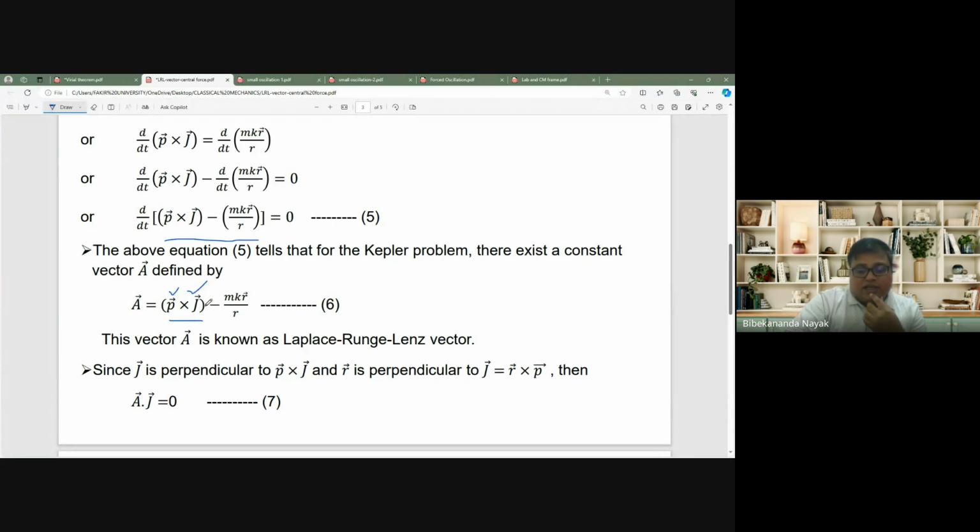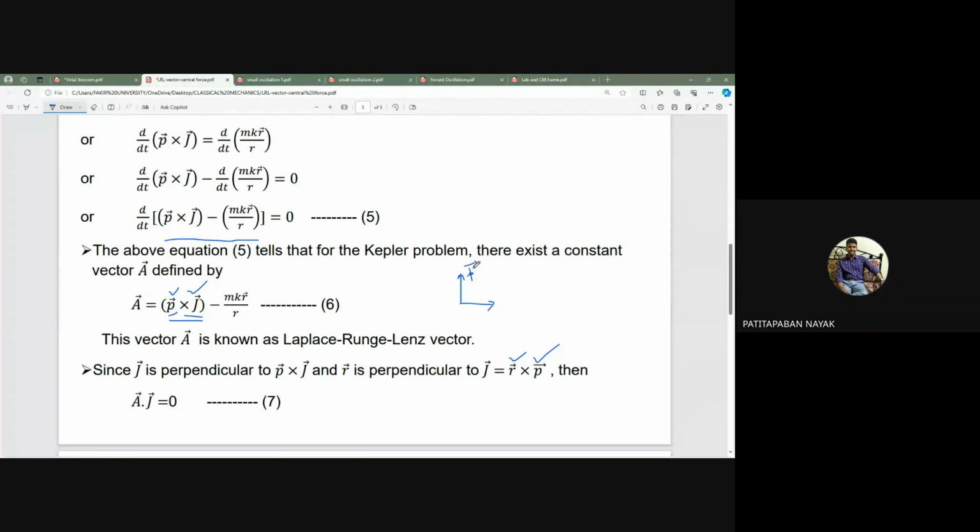Again, J is equal to r cross P, so J is perpendicular to both r and P. A is perpendicular to P and J. If you imagine the situation, J generally is perpendicular to P. Suppose this is P; they are all mutually perpendicular.